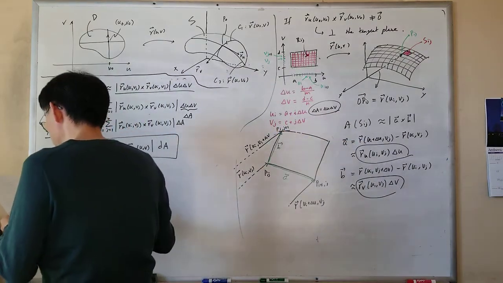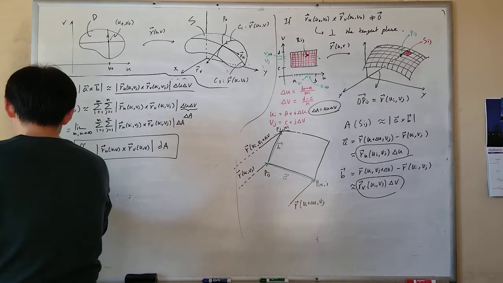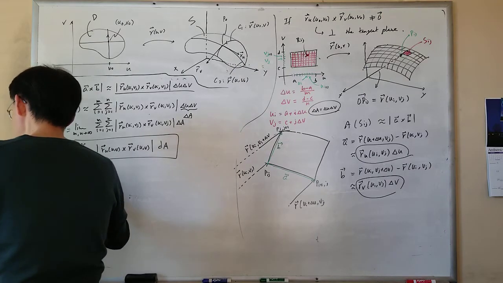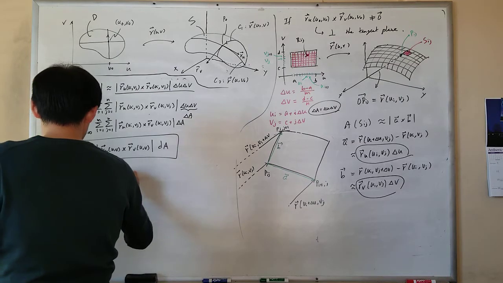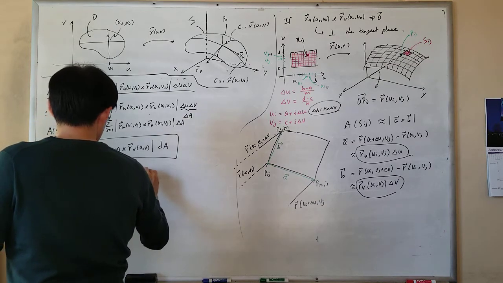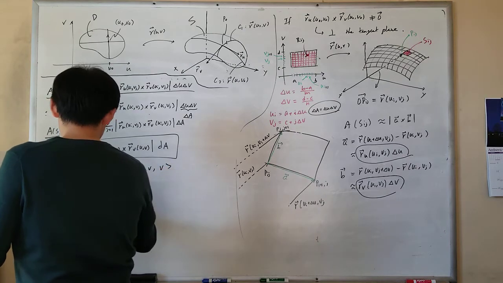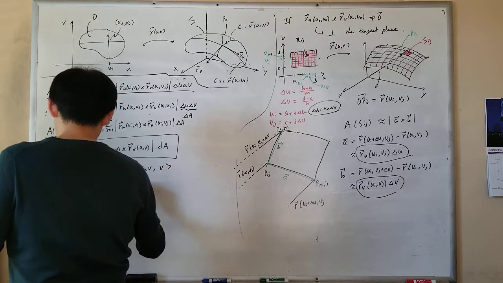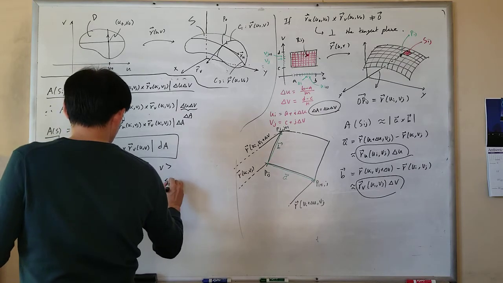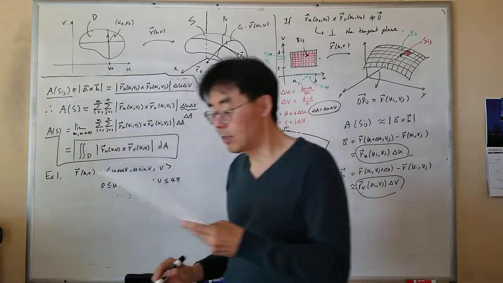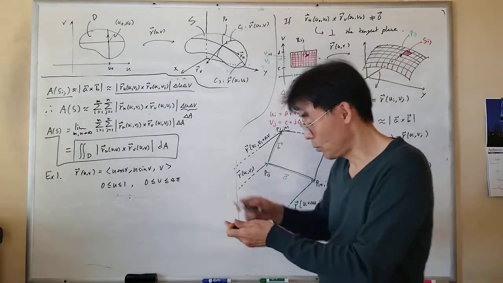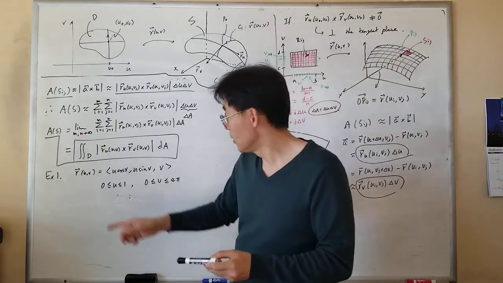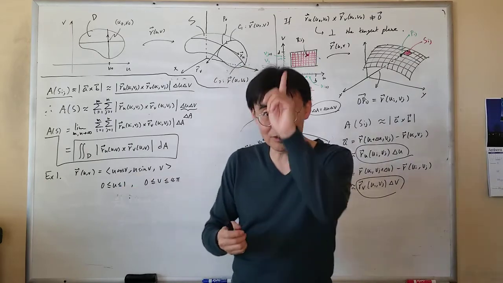So, the first example here is to find the area of the helicoid. U is between 0 and 1, and V runs to 4 pi. It's a spiral ramp, remember this one? U is a radius, a distance from the z-axis.